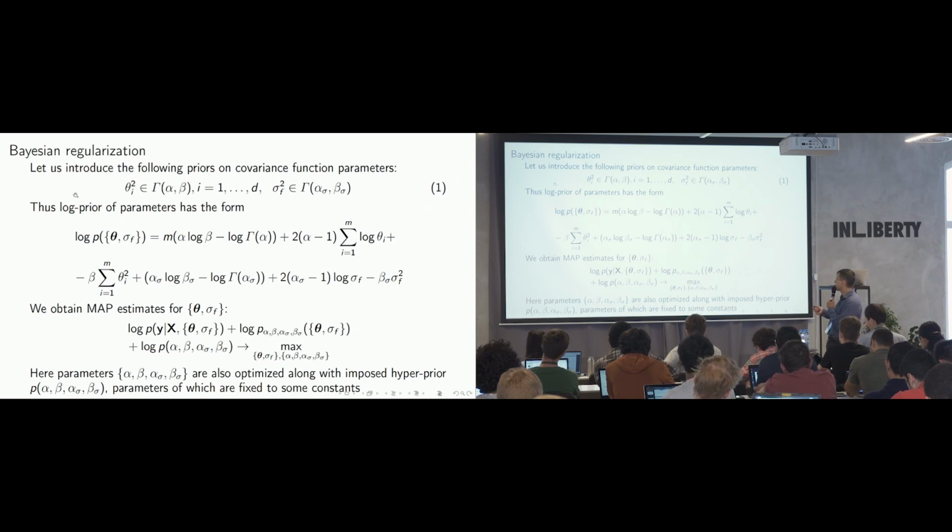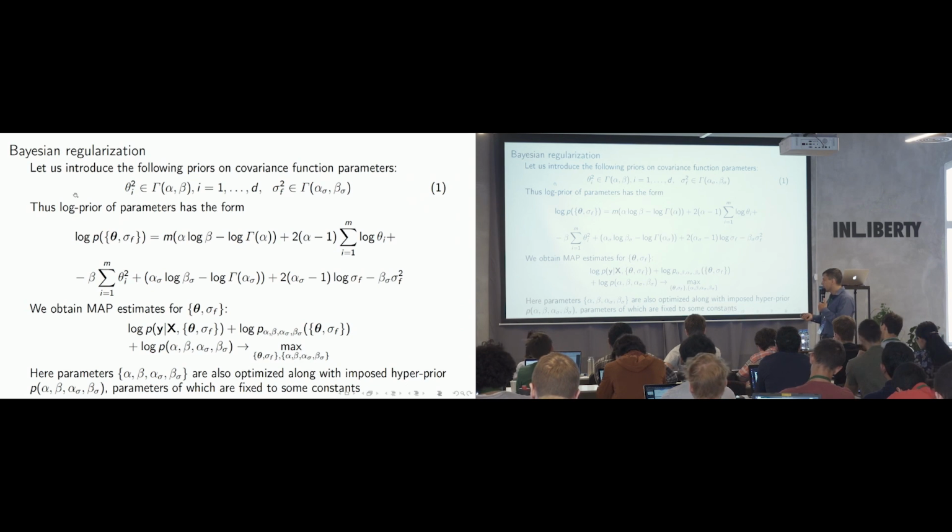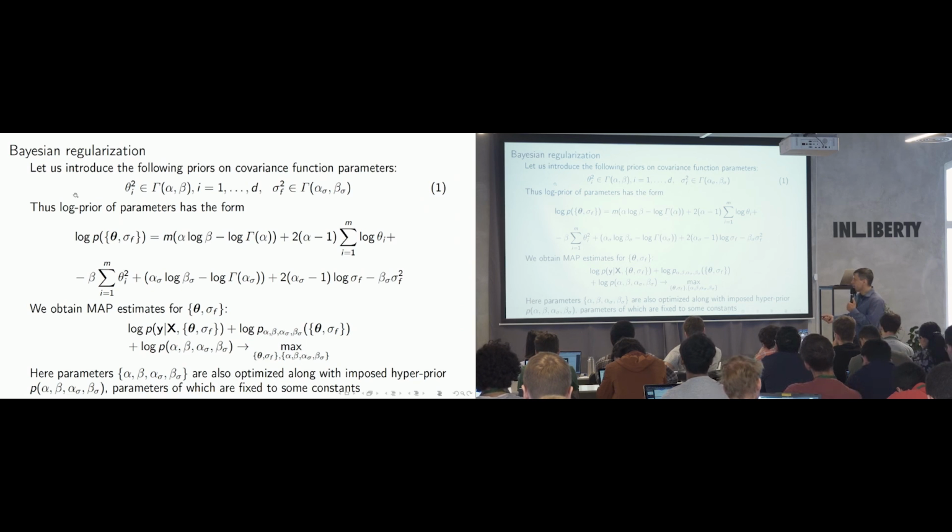So this is just the log prior distribution on parameters theta. And then the overall log likelihood for the data given observations and parameters consists of two parts.